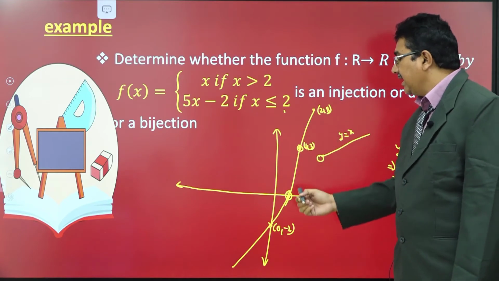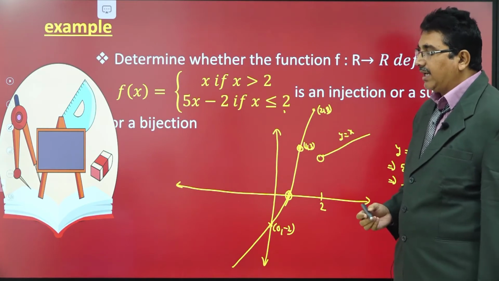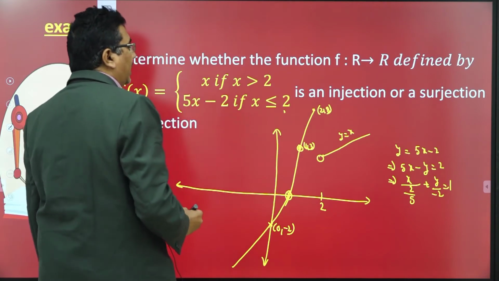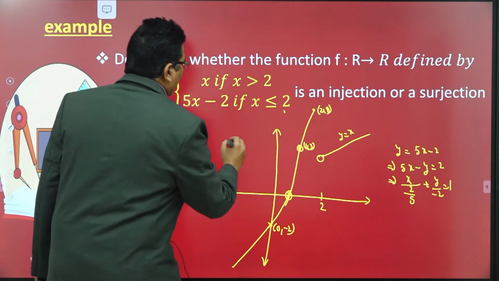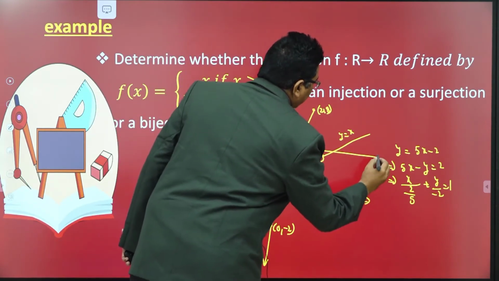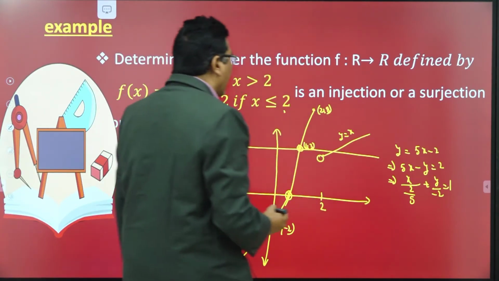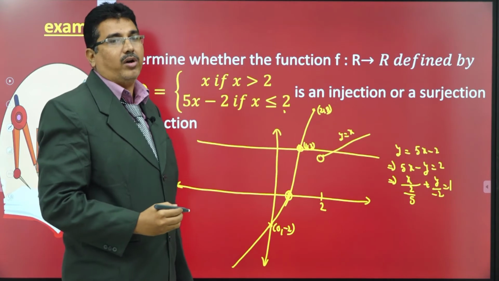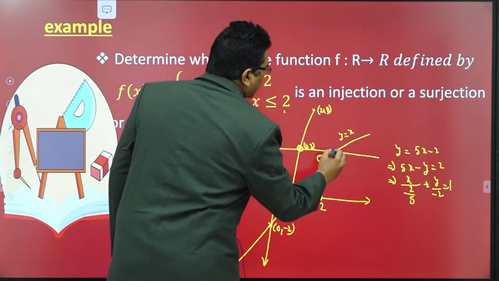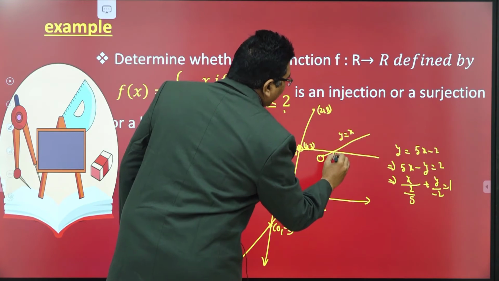Now, draw a horizontal line from the points in the codomain, parallel to the x-axis. This horizontal line intersects the graph of the function at 2 points. Suppose these two are A and B.